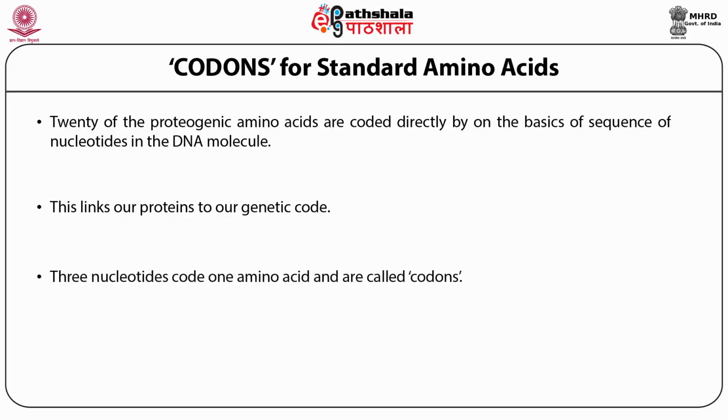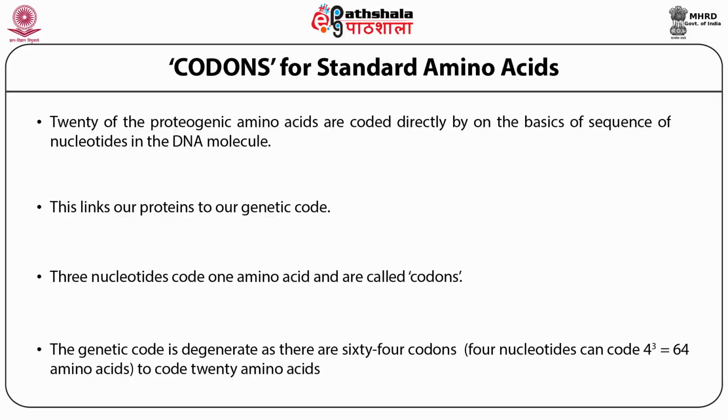3 nucleotides like AAA, AGA, UUC code one amino acid, and these are called codons. The genetic code is degenerate, as there are 64 codons.